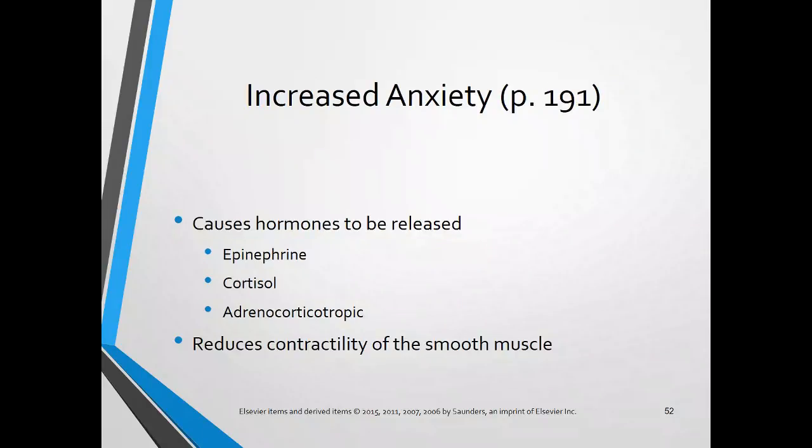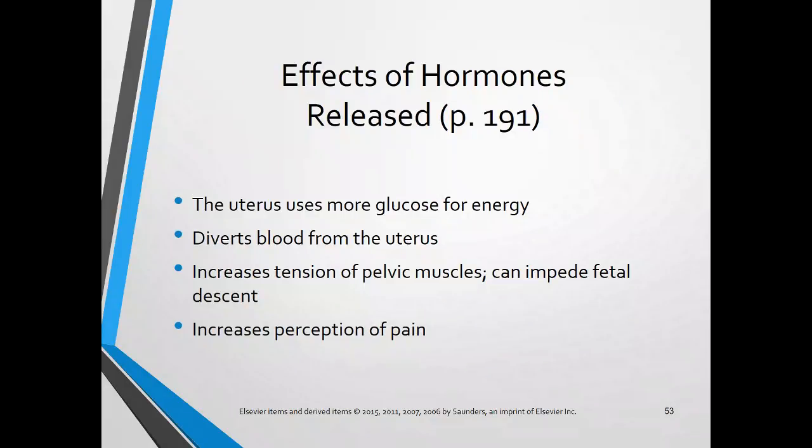Increased anxiety causes hormones to be released and then reduces contractility in the smooth muscle. So the uterus uses more glucose for energy and diverts blood from the uterus, and increases tension in the pelvic muscle, which can impede fetal descent.